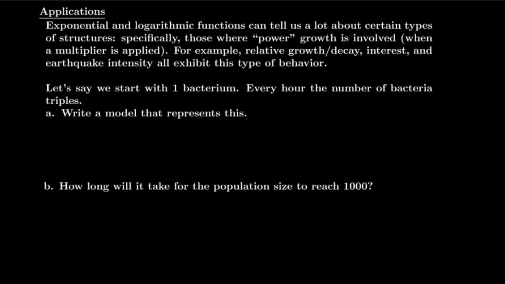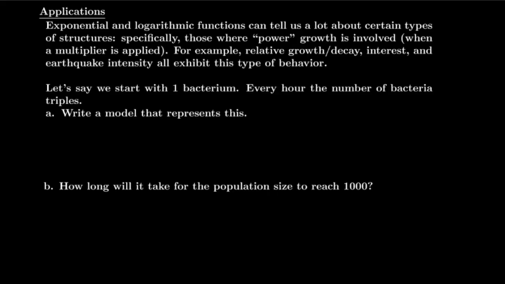If you have power growth, in other words, there's a multiplier. So if you make something grow through multiplication, that's when exponents and logs are going to be useful. Some common examples would be relative growth and decay. By relative, I mean growth and decay relative to some sort of starting point.